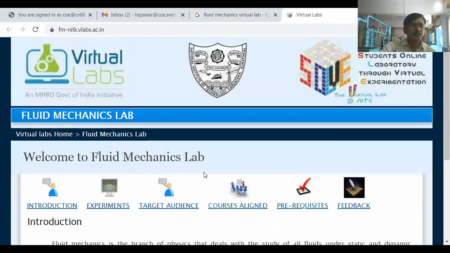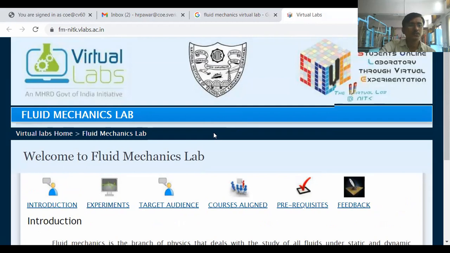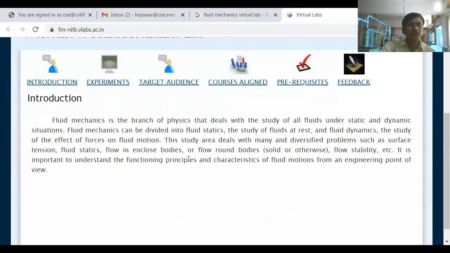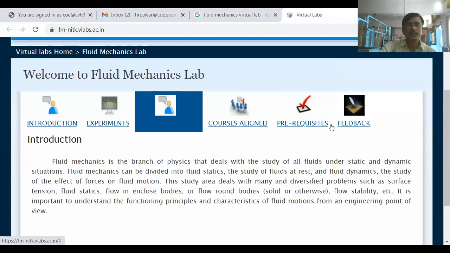This is the page of the virtual lab of this institute, National Institute of Technology, Karnataka, Surathkal. So this website we have opened here, and you can see there are different tabs.